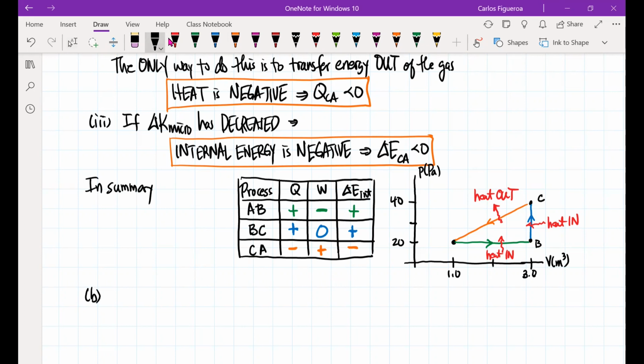B. So we want to calculate the individual workings.